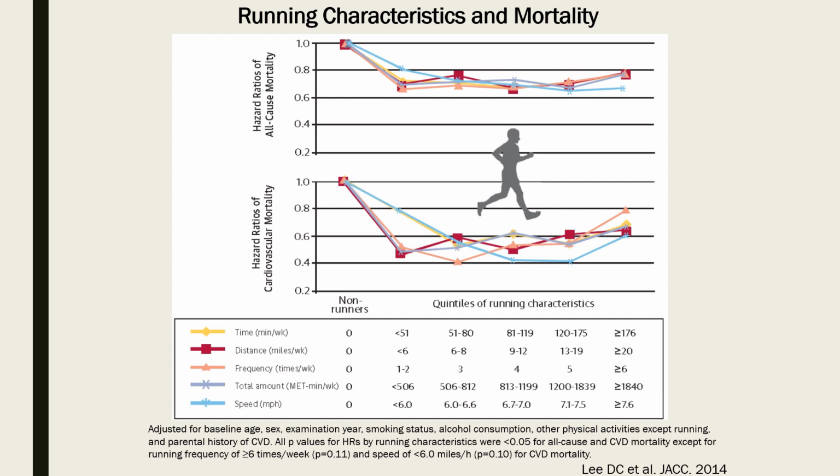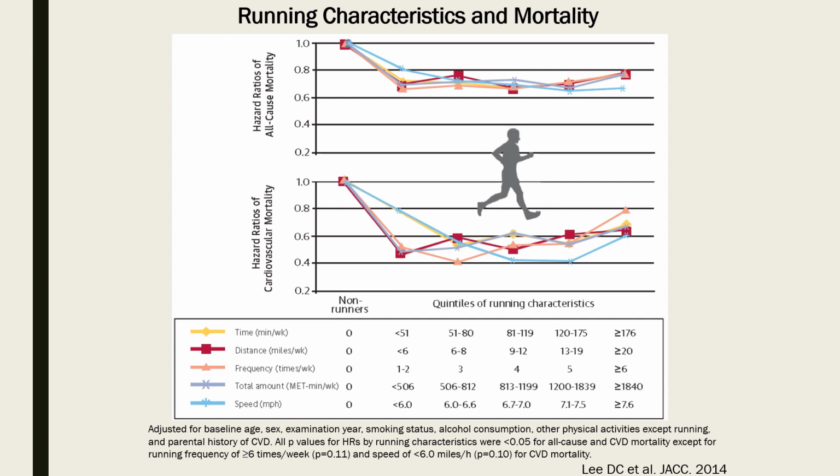One of the few studies to directly compare all these components examined running characteristics such as duration, distance, frequency, total amount, and speed, and their association with all-cause and cardiovascular mortality in 55,137 adults. In this study, runners had a 30% lower risk of all-cause mortality and a 45% lower risk of cardiovascular mortality compared to non-runners. In the dose-response analysis, the health benefits were similar across different quintiles of running time, distance, frequency, total amount, and speed.